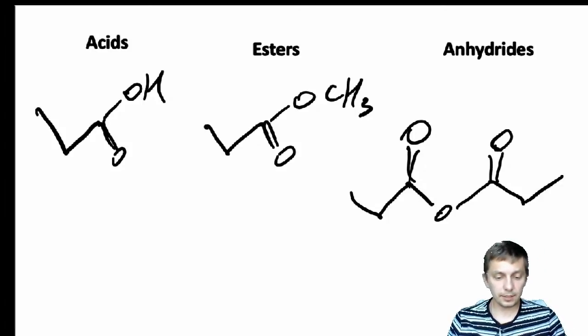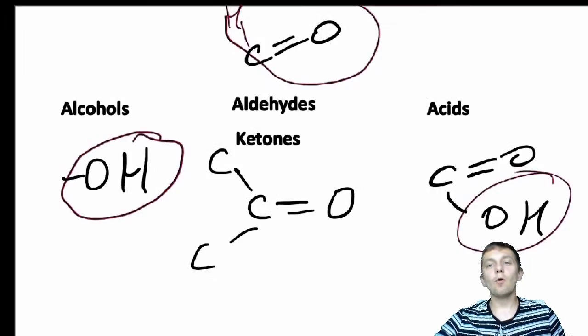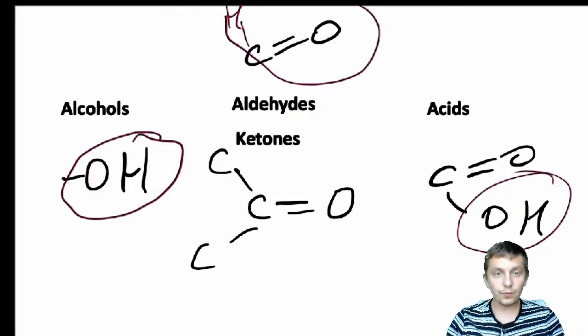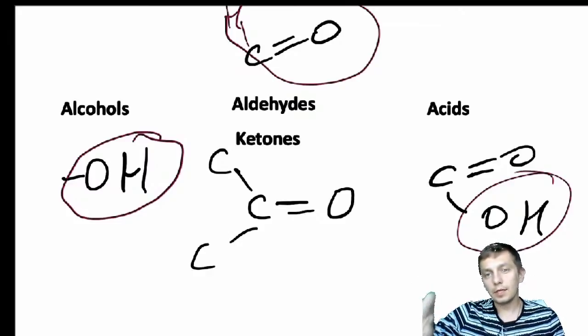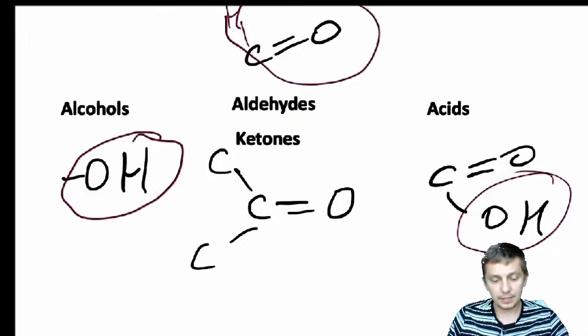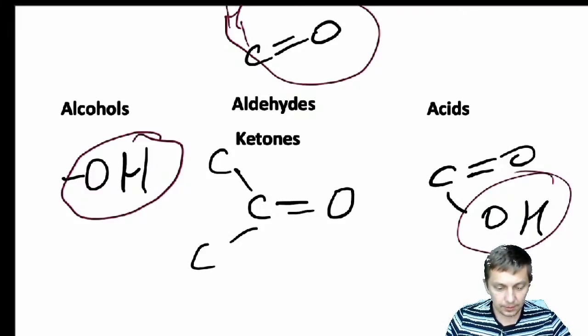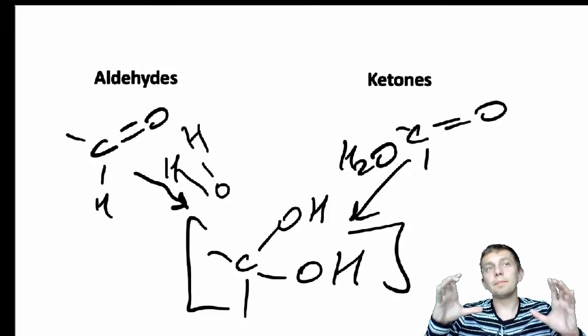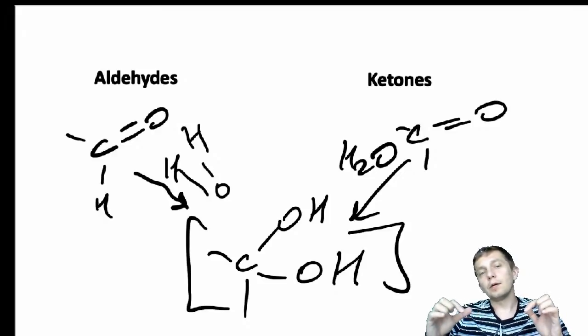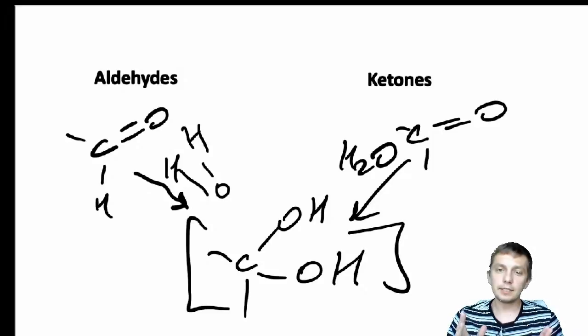So if we generalize all not redox reactions of compounds where oxygen is present, alcohols, ketones, and aldehydes, all these reactions involve OH groups. In alcohols and acids we have OH groups, and we can remove this OH group and replace it with something. Ketones and aldehydes don't have OH groups, but they can form unstable particles when you add water, particles with two OH groups.